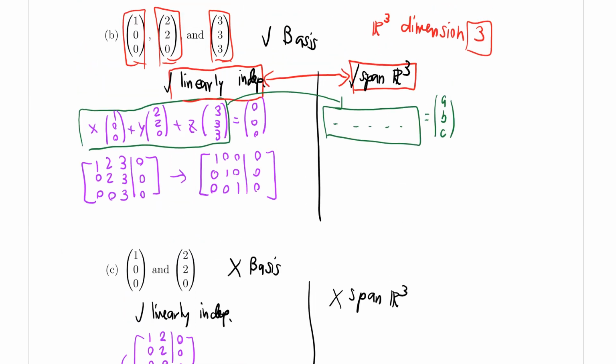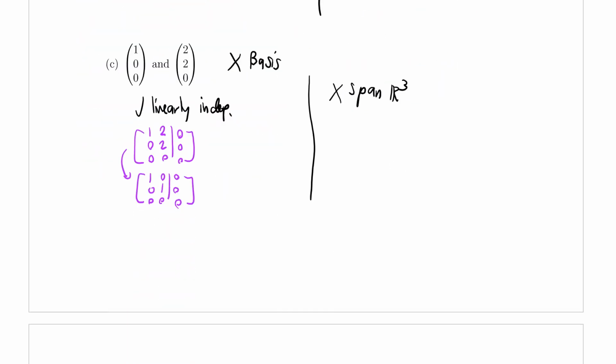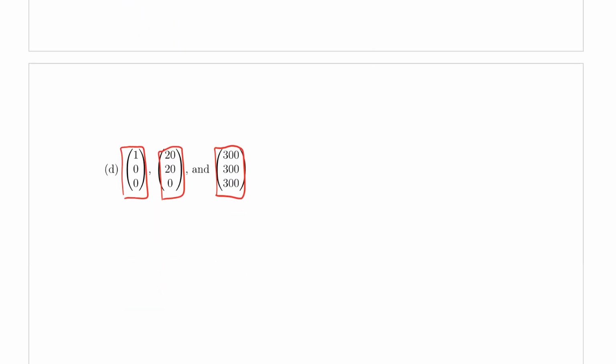It's the same vectors that we had for part B, except that I scale the second one by 10, so I get 20, 20, and I scale the third one by 100, so I get 300, 300, 300. Let me just tell you the answer first. This is going to be a basis. It will have all the properties that the 3 vectors had earlier. It will be linearly independent.